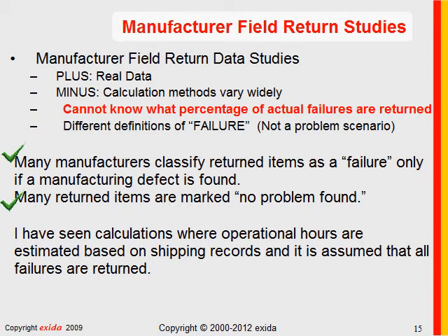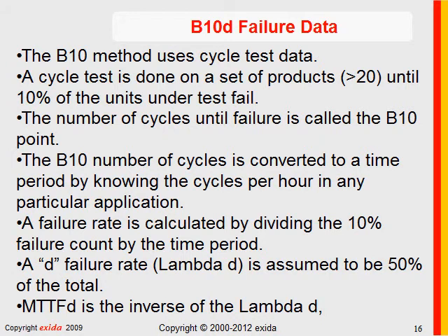In other words, the incoming test procedure may not be good enough. I've seen calculations on operational hours based on shipping records, and it is assumed that all failures were returned. And that's terribly optimistic and results in relatively low failure rate numbers, which are not good for safety verification, because they might lead us to put in not nearly enough safety into our designs.